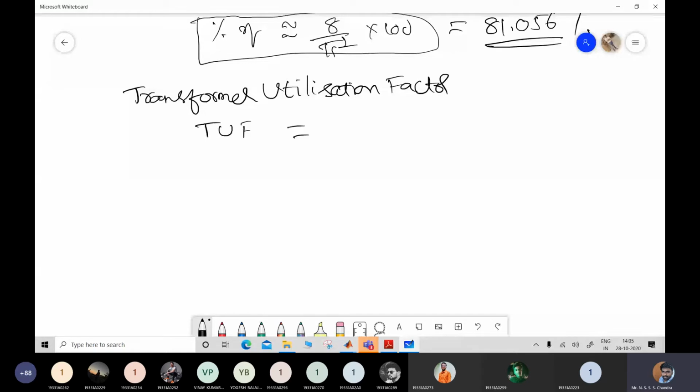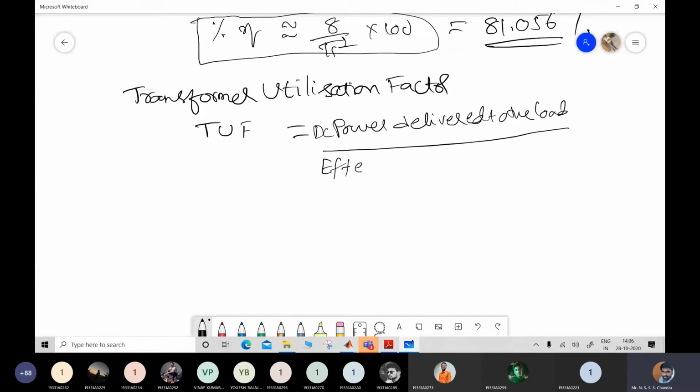If you remember, TUF is the ratio of DC power delivered to the load divided by the effective volt ampere rating, the VA rating, of the transformer. Okay, so this is the formula: DC power delivered to the load divided by the AC effective VA rating of your transformer.